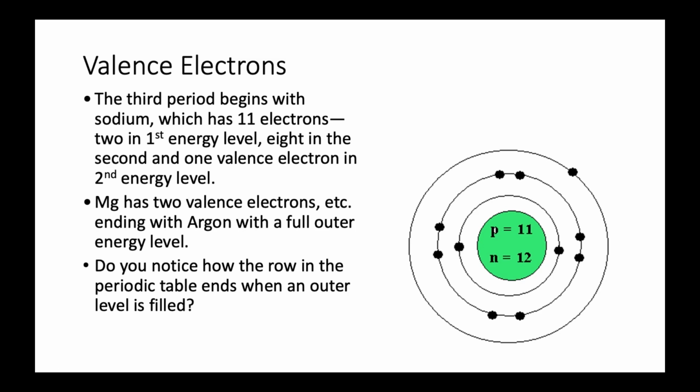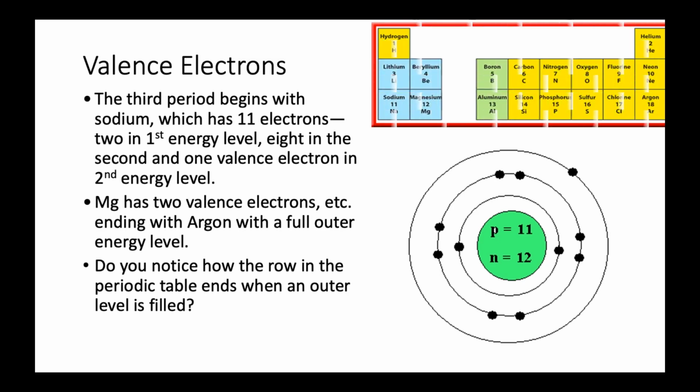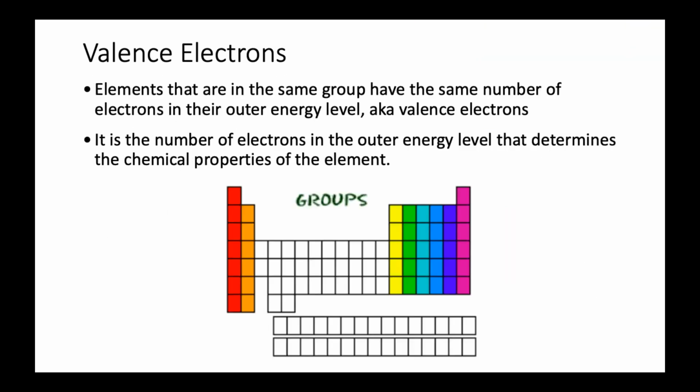It's in the first column. As we move through, we're going to see that pattern emerge for our columns. So our groups tell us the number of valence electrons. And now we can see why this happens. Before we just needed to know them, but now we know why.